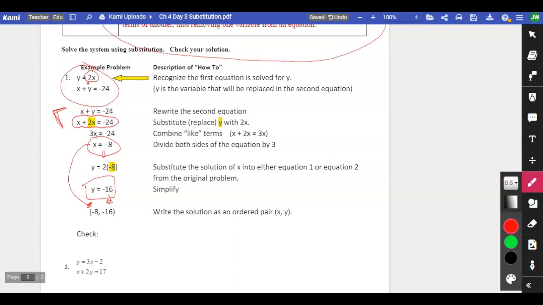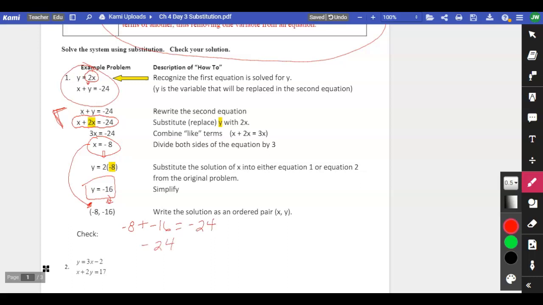You plug that back into the equation that you didn't use. So you notice that they put this -8 in. They used the first equation, 2 times -8 to get -16. If you did it correctly, you should be able to plug these two numbers into the other equation, which in this case is -8 plus negative 16 to get a negative 24.